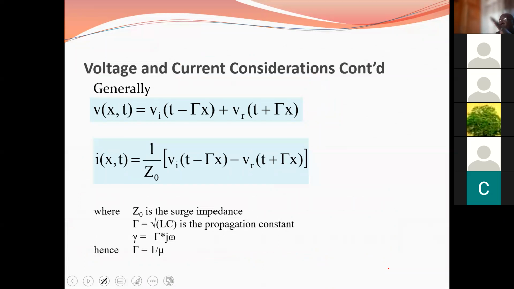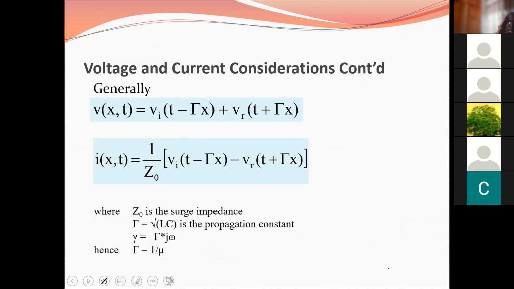So the voltage with respect to distance and time will be V incident (t minus gamma x) plus VR (t plus gamma x).